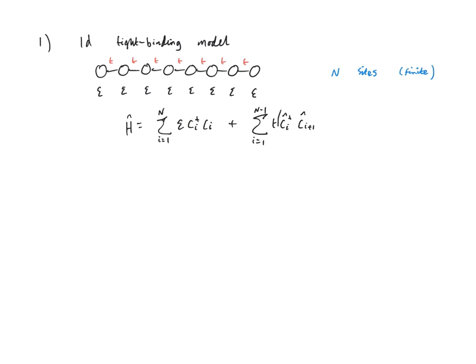That is like a time reversal symmetry, and it's also demanded by the hermiticity of the Hamiltonian, so I write the Hermitian conjugate piece explicitly here. And the way I've written it, this T is a real number, and the epsilons are real numbers. So that's the 1D model, describing electrons moving down this 1D chain.